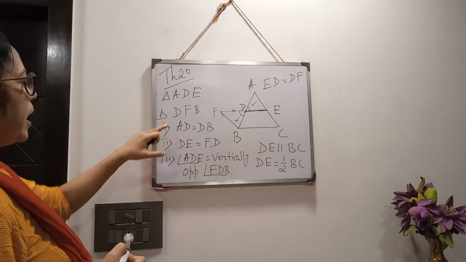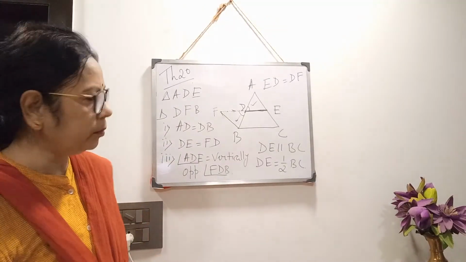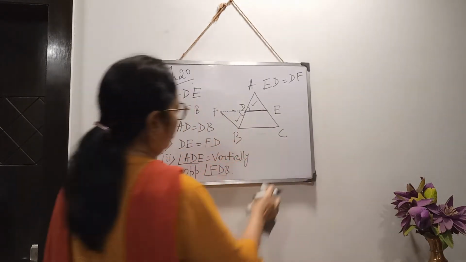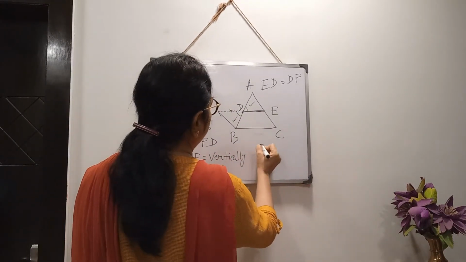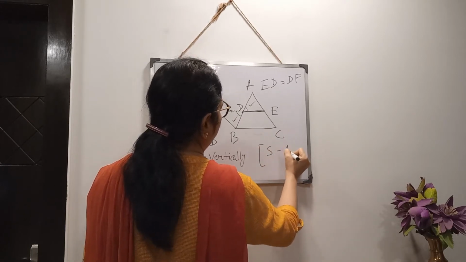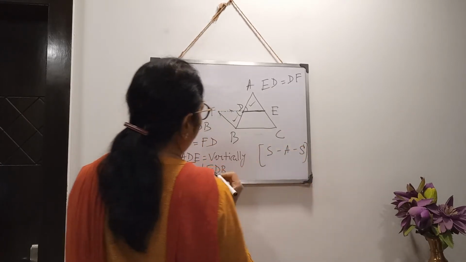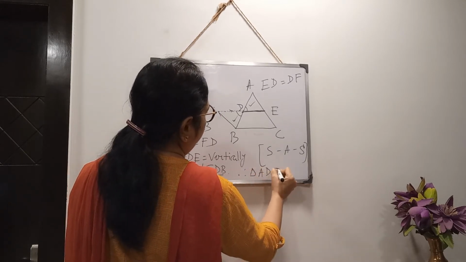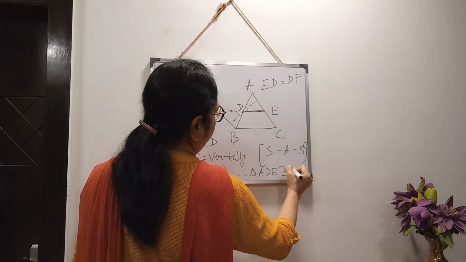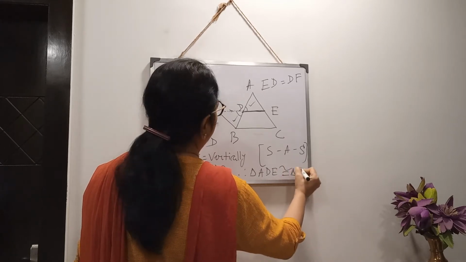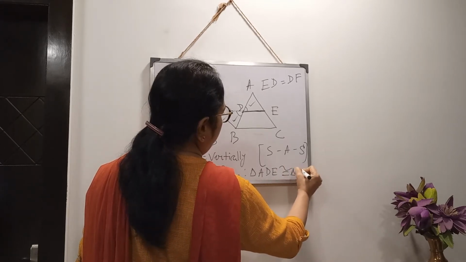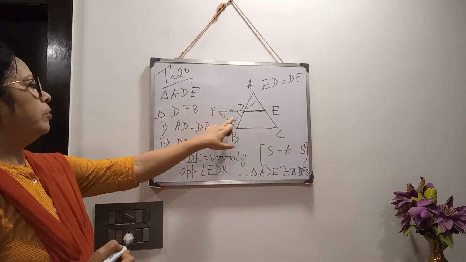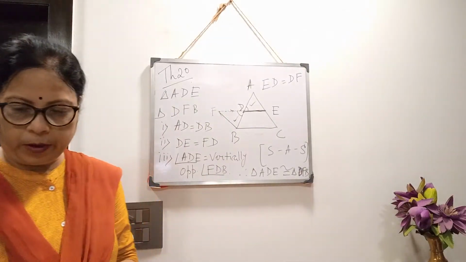So according to side angle side congruency, we can write triangle ADE is congruent to triangle DFB.